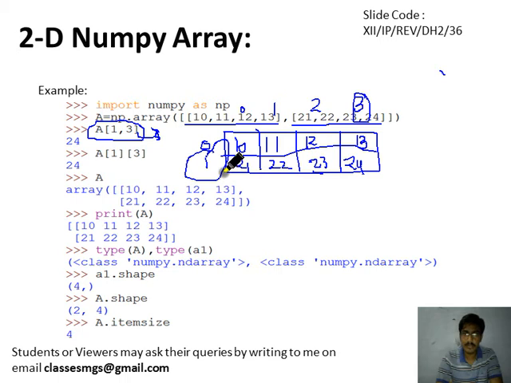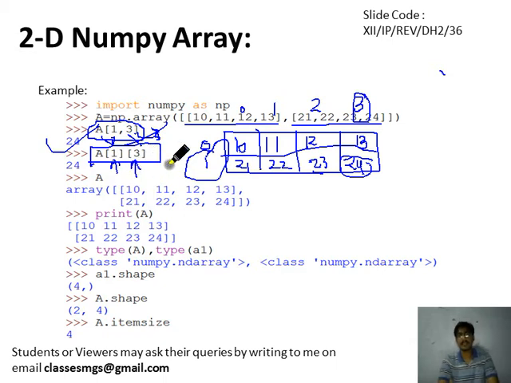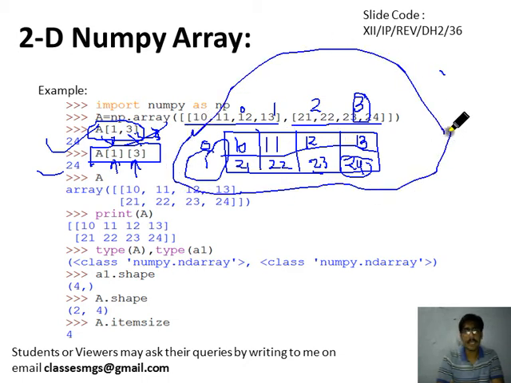So which is the element? 24 is the element. It may be accessed with comma values: row number, comma, column number. It may also be accessed like this: A, then row number in brackets, then the column number in another bracket. Using this method also you can access the values of the two-dimensional NumPy array.